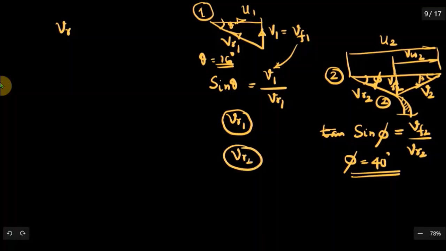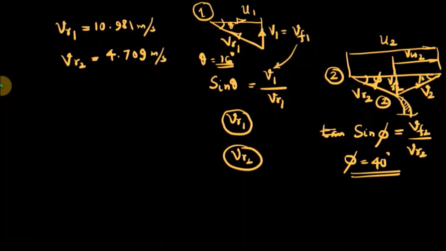If you calculate VR1, it will be more than VR2: VR1 is 10.981 meter per second, and VR2 will be 4.709 meter per second. Obviously you have U1 and U2.